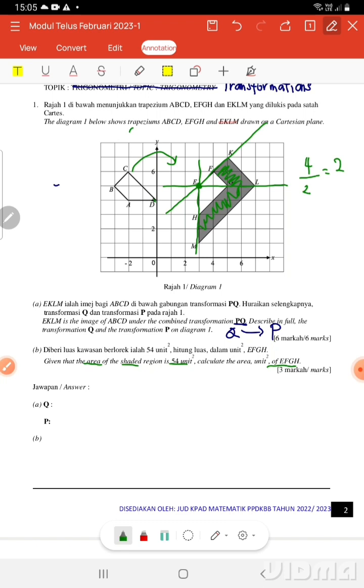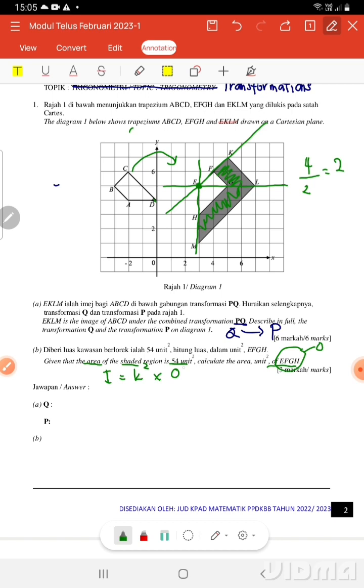EFGH is our object, right? And the formula, if you still remember the formula: area of image is equal to k squared times area of object.